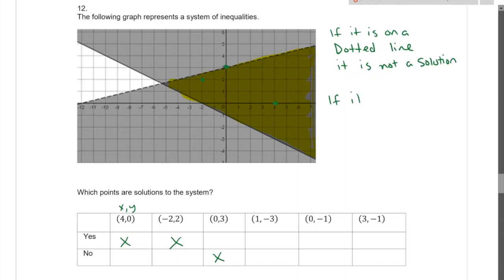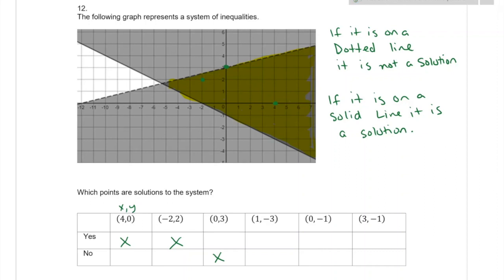If it is on a solid line, it is a solution. Okay? So dotted lines means the number is not included. Solid lines means the number is. Be careful with that. They're going to try and throw you off. So I would write that down. This is big points right here.